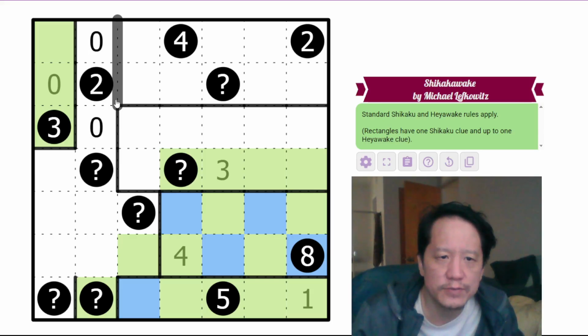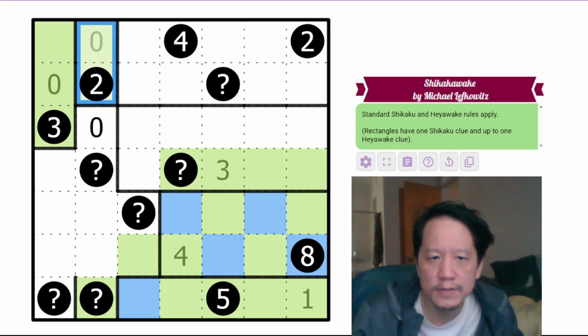So that's possible. So we know that's green. Then this must be green. Therefore, this would be a region then.